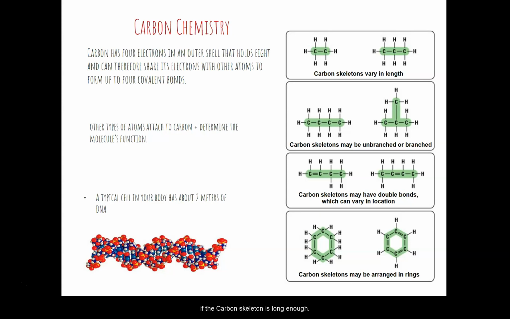And if the carbon skeleton is long enough, it can actually wrap around back on itself and form ring structures. So these carbon molecules in living organisms can be enormous. For example, in each one of the cells in your body, the DNA, if you lift it up end to end, all the pieces of DNA, the molecule would be about 2 meters long. So that's about 2.5 yards.